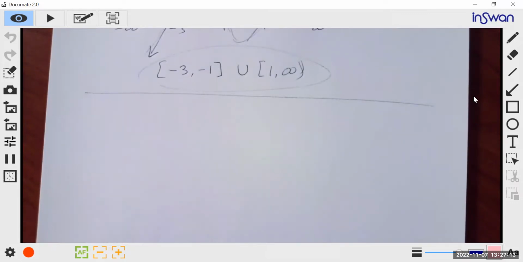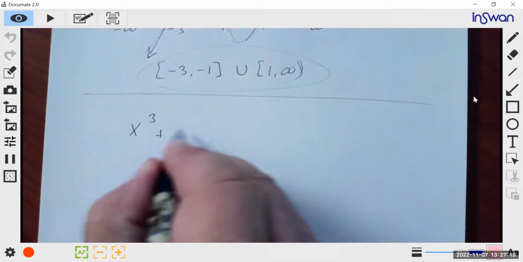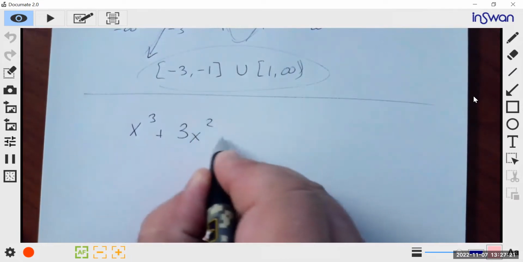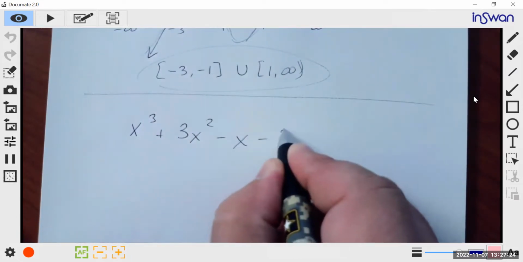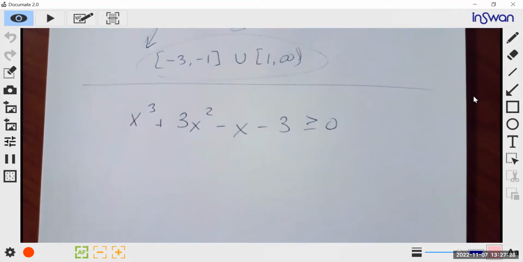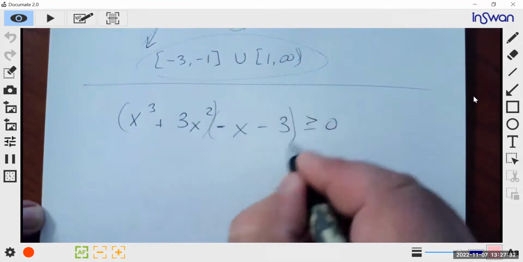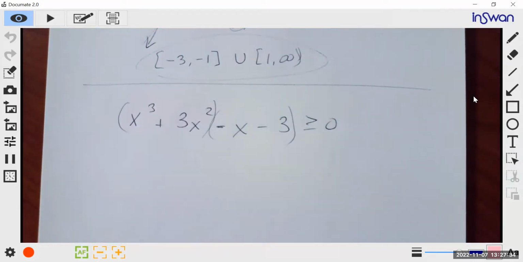And there was another way you could solve it. Since we have 4 terms, we can use the grouping technique. Since there's a minus in the middle, include that. Let's use grouping.